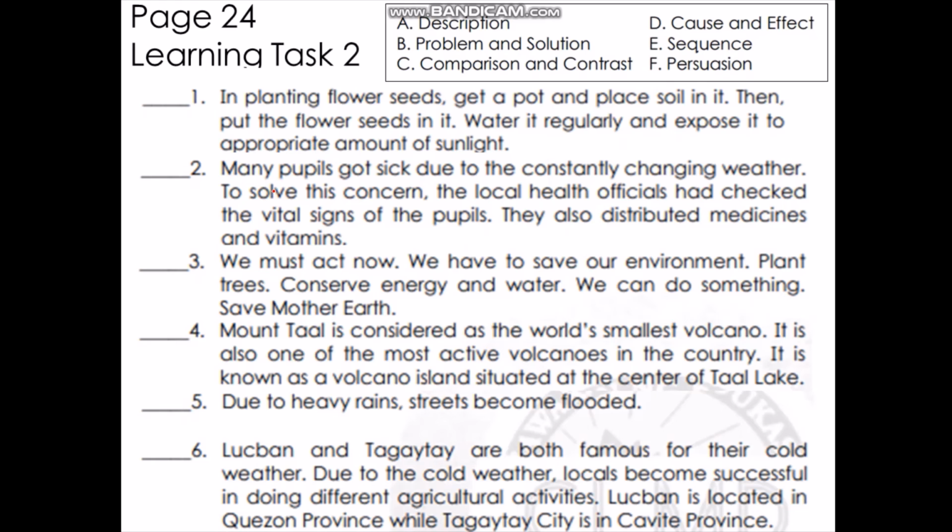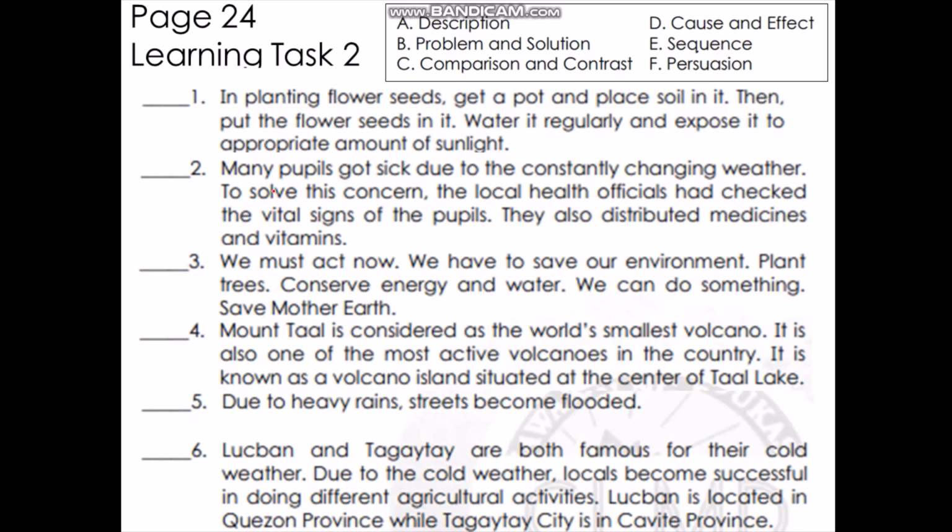Due to the cold weather, locals become successful in doing different agricultural activities. Lukban is located in Quezon Province, while Tagaytay City is in Cavite Province. So, what does it show? Is it A, B, C, D, E, or F? If you're not yet done, click the pause button. If you're done, click the play button.